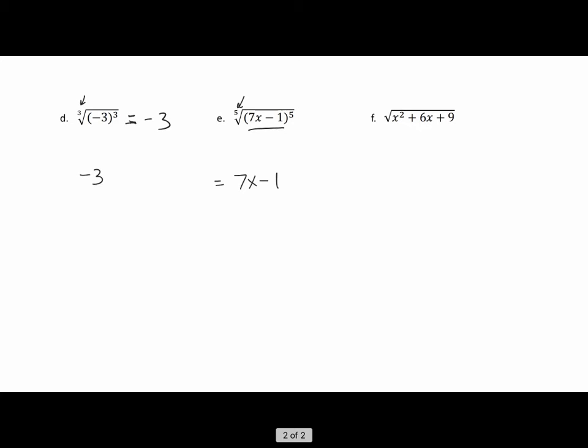F is a little strange because it's the square root of all of this, not just a something squared. So my first job here is to make sure this becomes something squared. Otherwise, I can't take the square root of something to the second. So I need to factor this.